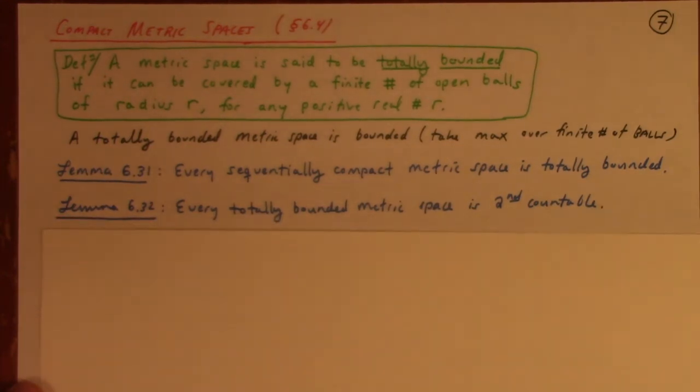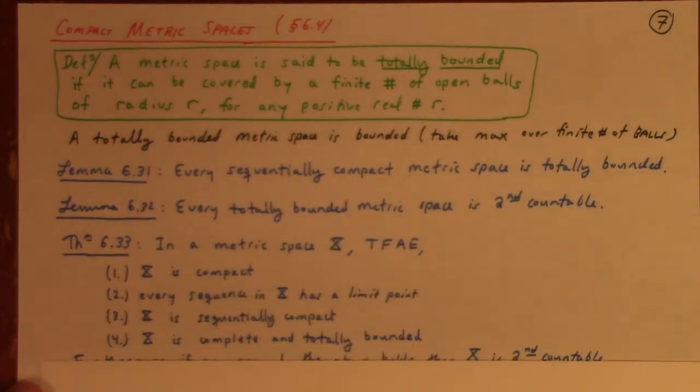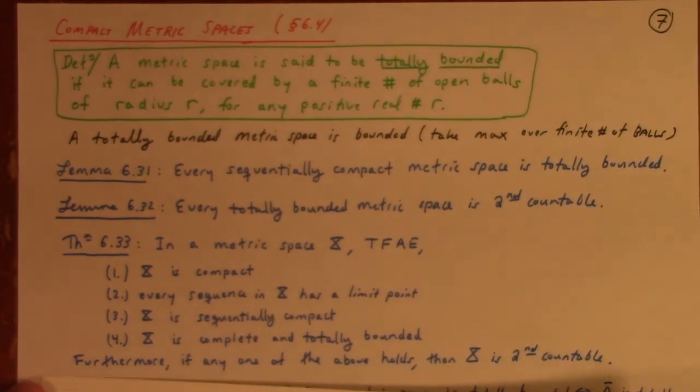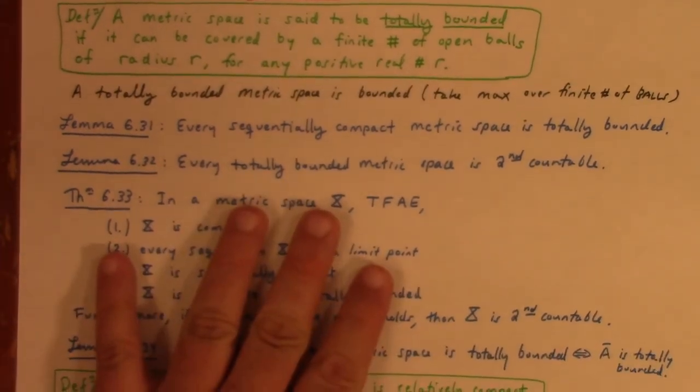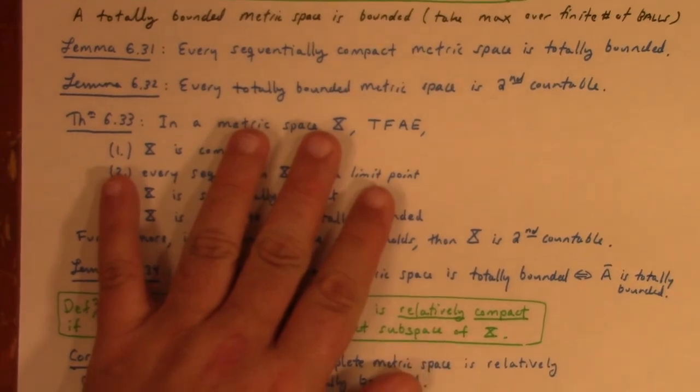Every totally bounded metric space is second countable. In a metric space X, the following are equivalent. Well, hopefully you've got the definition of totally bounded already.